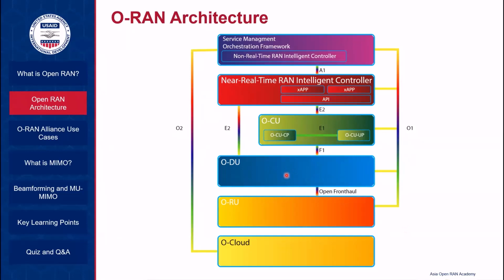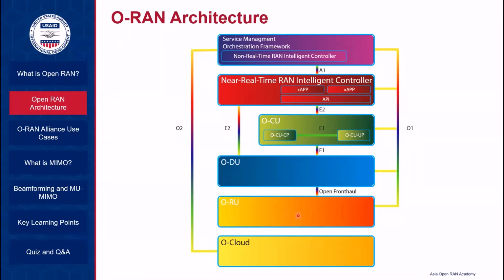Okay. And then si O-RU or radio unit includes yung radio frequency front end, okay, and digital front end to transmit and receive yung mga over-the-air signal. And then dito rin nangyayari yung beamforming and other physical layer functions. Okay.